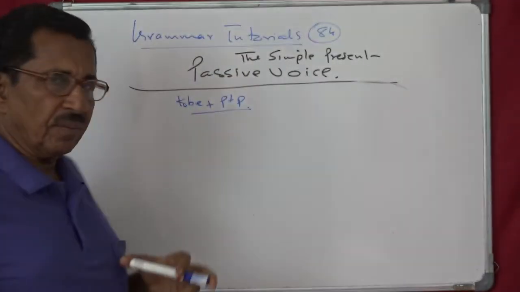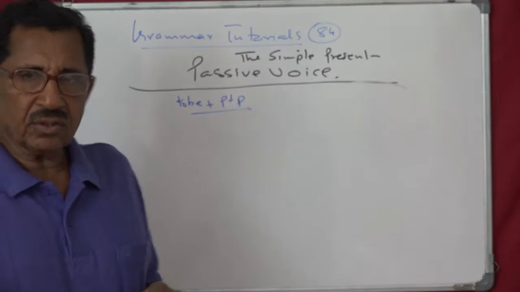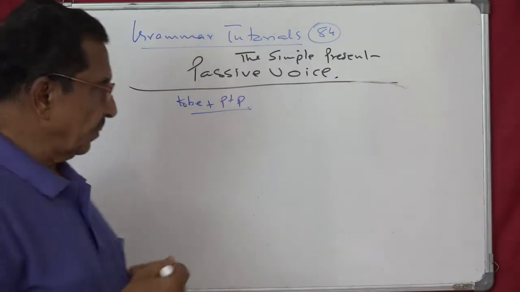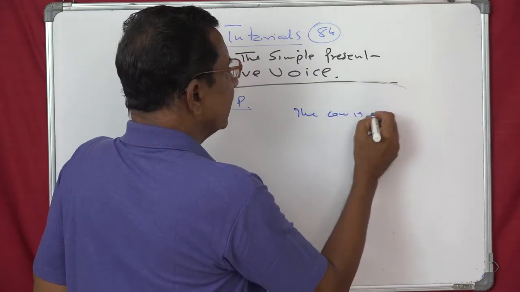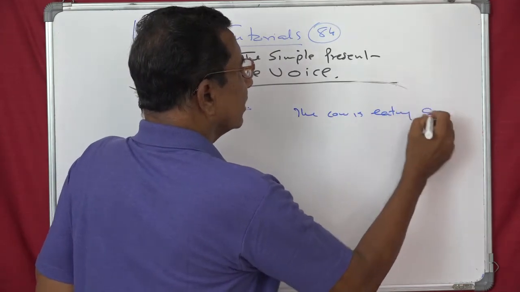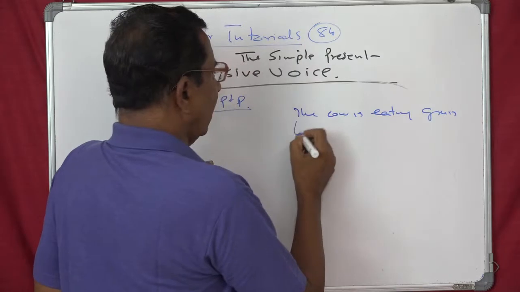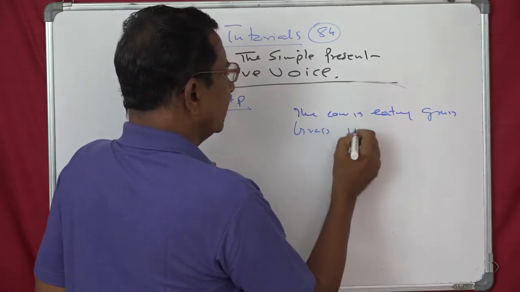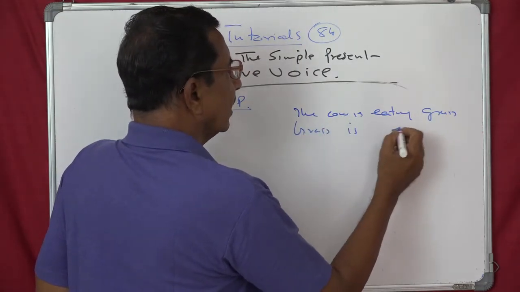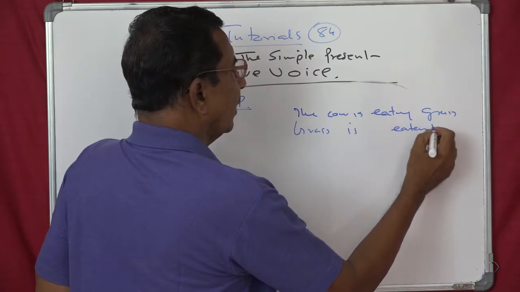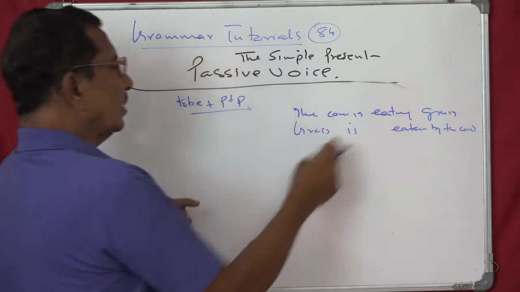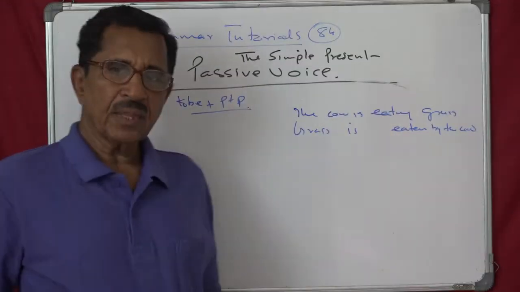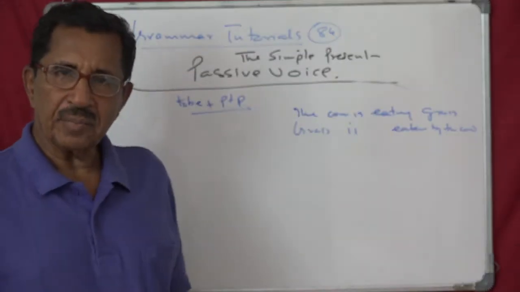For example, you remember the present continuous. There also what you have to do is see, the cow is eating grass. So what will you do? Grass is eaten by the cow. Now in the continuous tense you have to also add being.